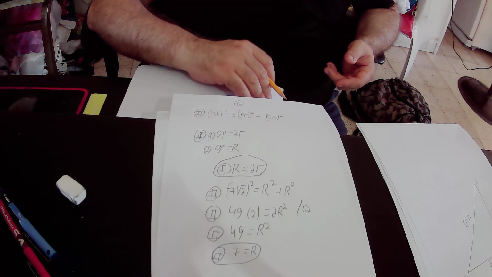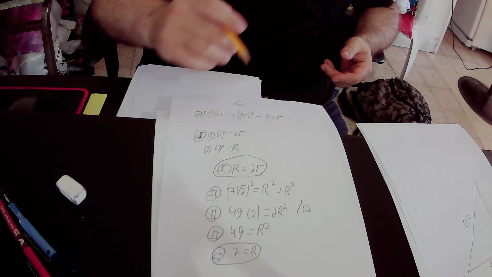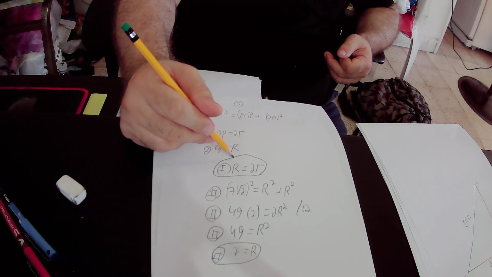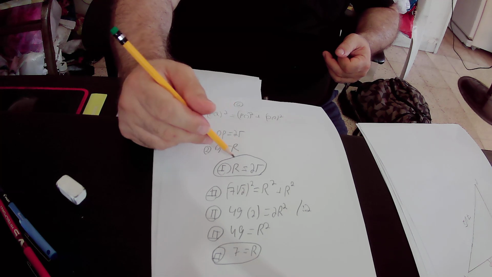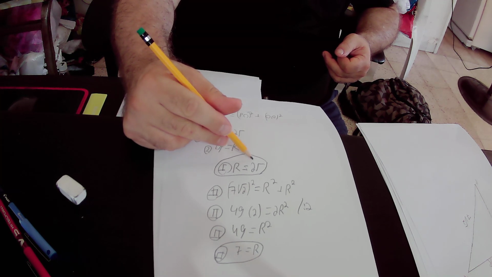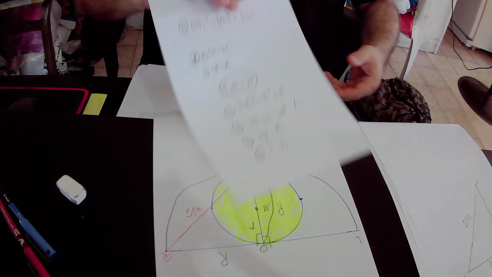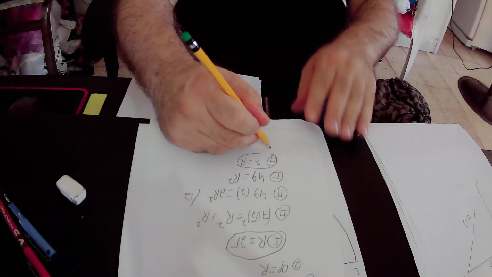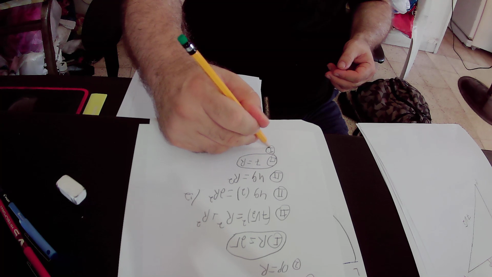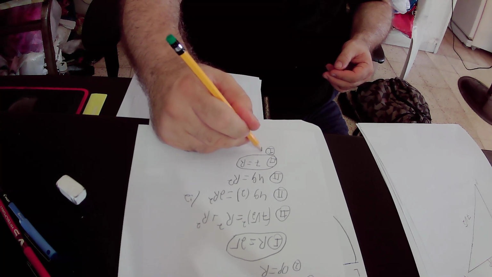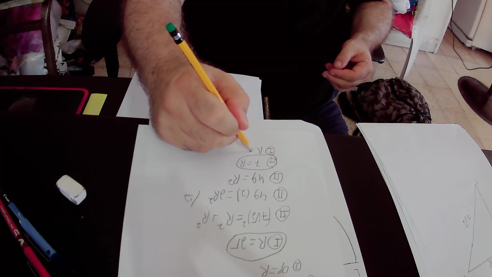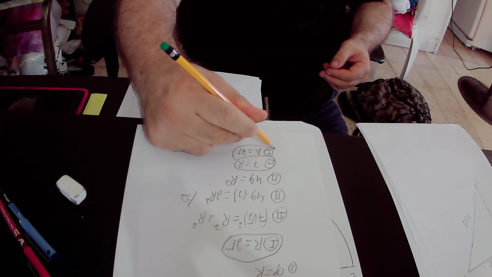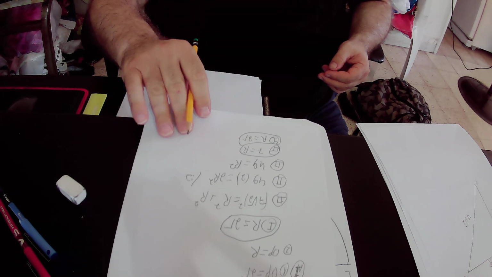But we also have equation number 1 that states that capital R equals 2 times small r. So I will write it down again. According to equation number 1, capital R equals 2 times small r. Okay?